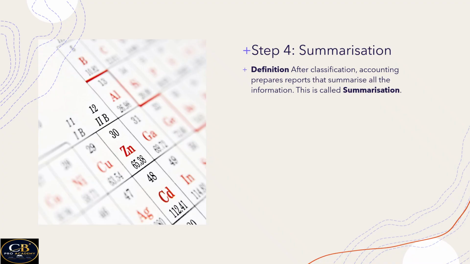No. He always tries to look at financial statements like the balance sheet and profit and loss account to understand the performance of the business. He will never check entries line by line. That's why summarization is important.